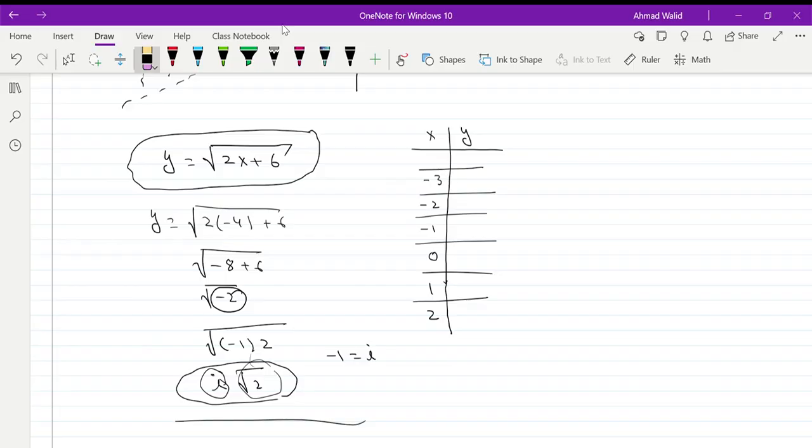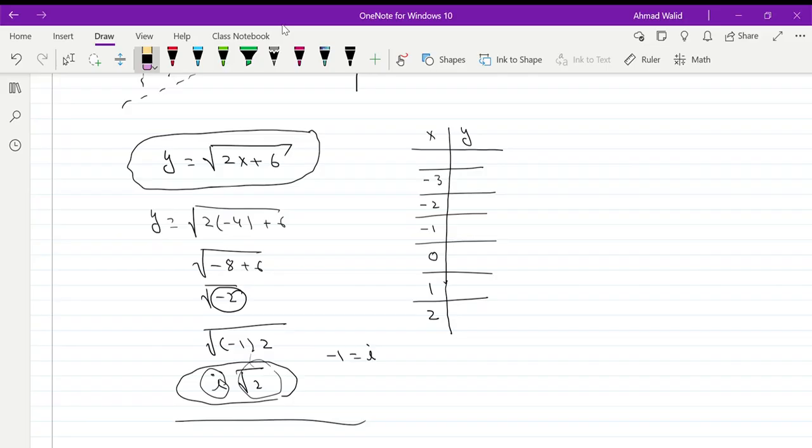It means I have to remove negative 4 from the domain. Or in a better mathematical language, I have to restrict my function. You heard this word a lot from your other mathematics professors. Restriction. This is the meaning of restriction. You have to restrict your function.